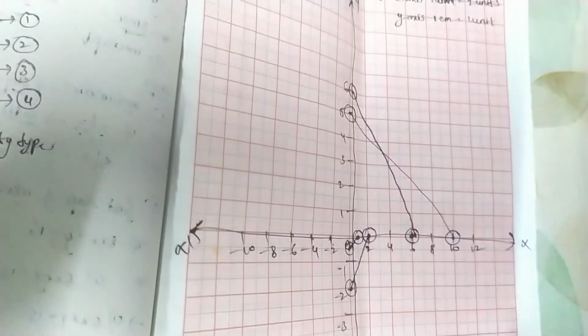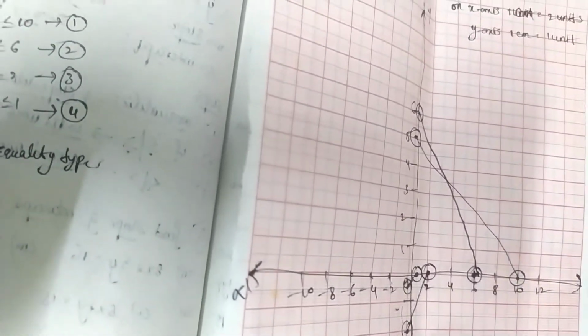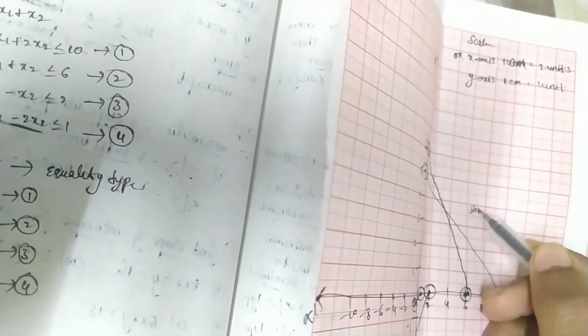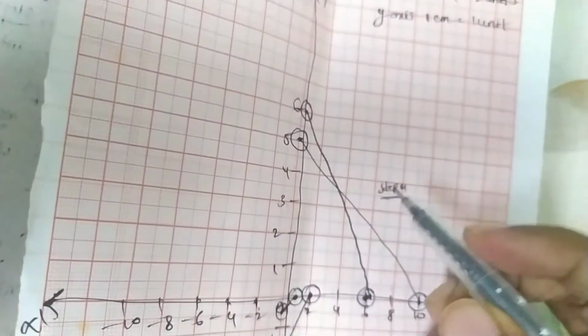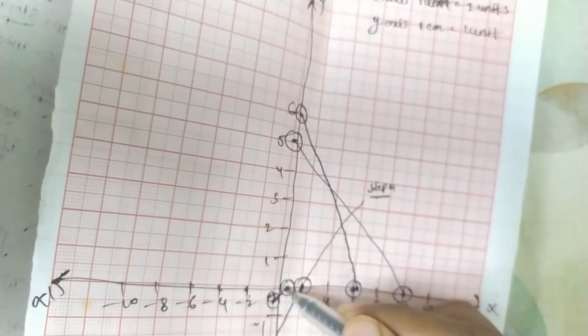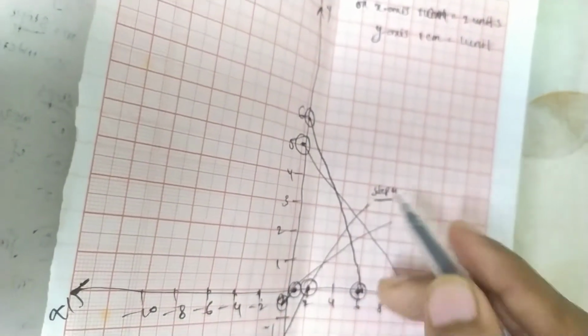Here we plot the graph, it is step 4, we plot the graph. In step 5 we have to denote the intersect points. For example, extend these lines like this here and these lines like this here.